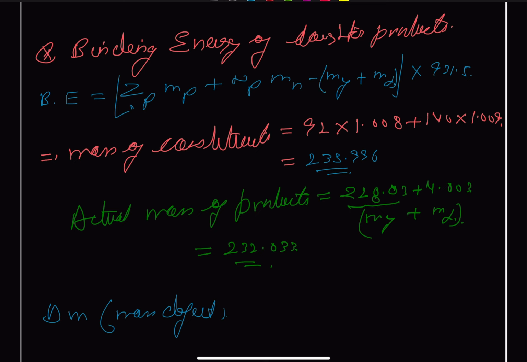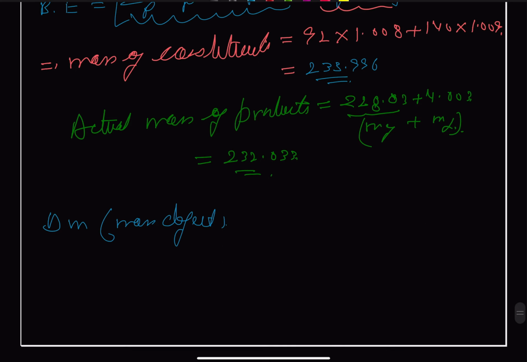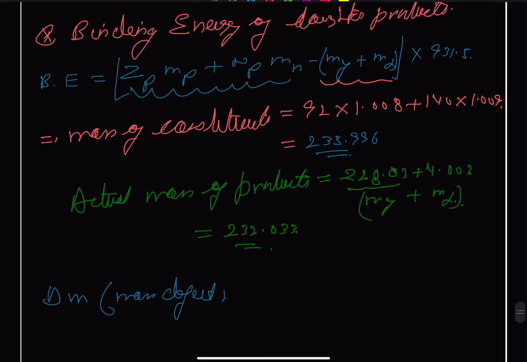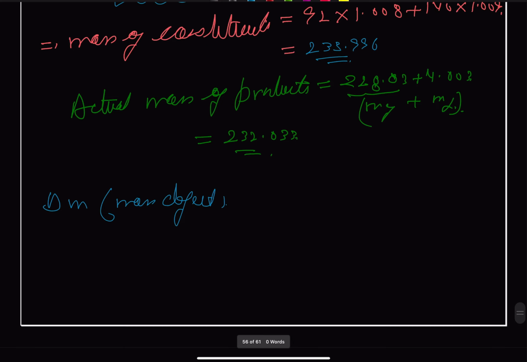So we calculated the mass of the constituents, and we got the second part, the mass of the products, and subtracted them, giving us the mass defect. So this entire term gives us the mass defect, delta M, and multiplying by 931.5 gives us the binding energy.